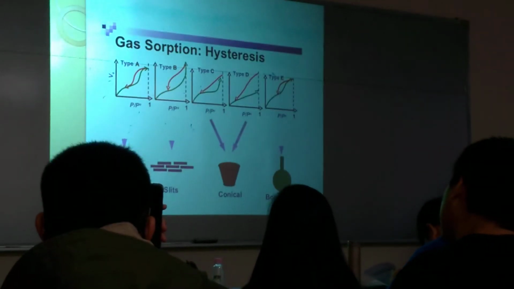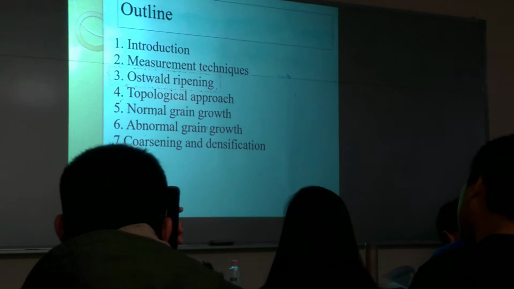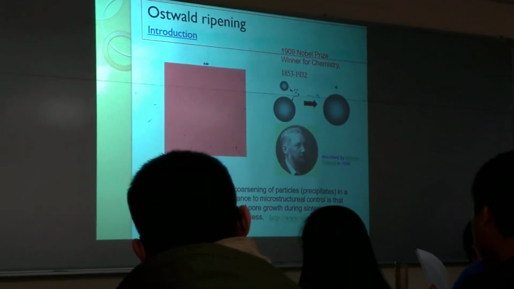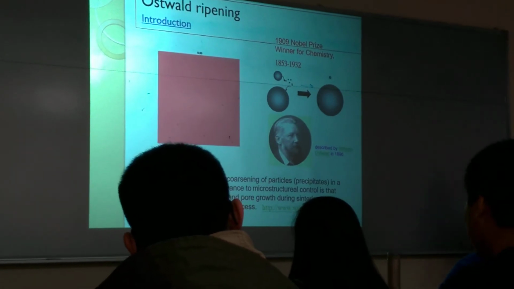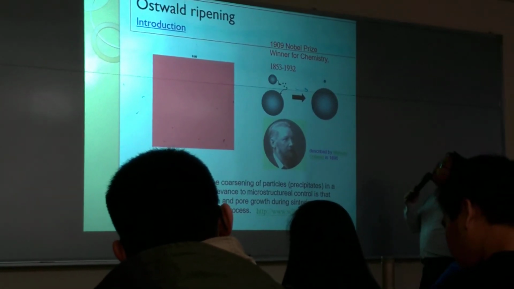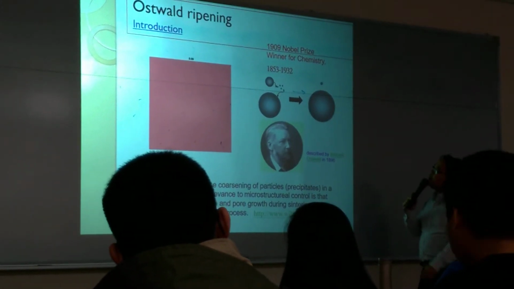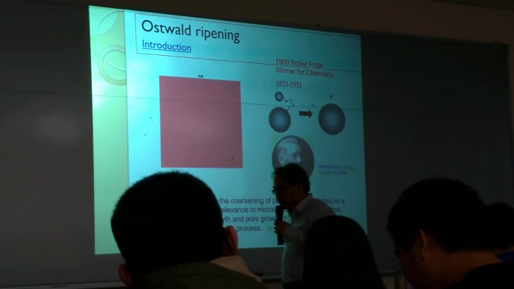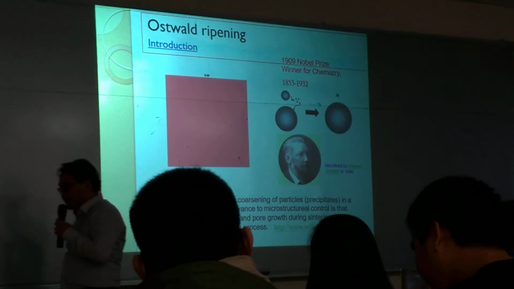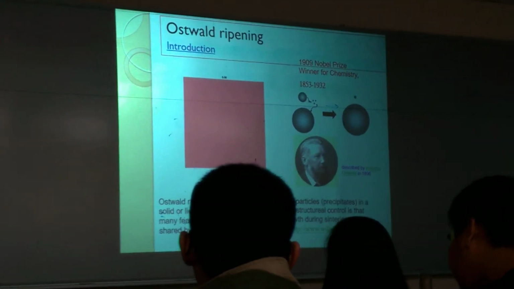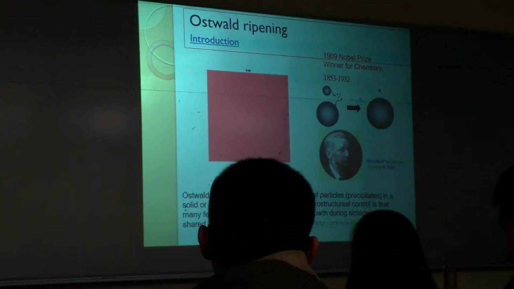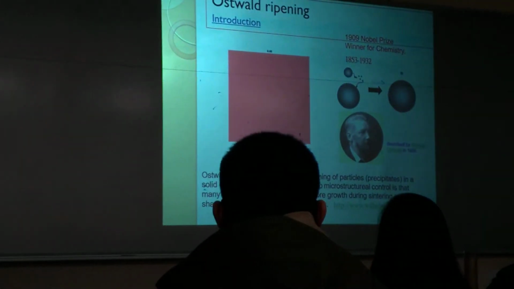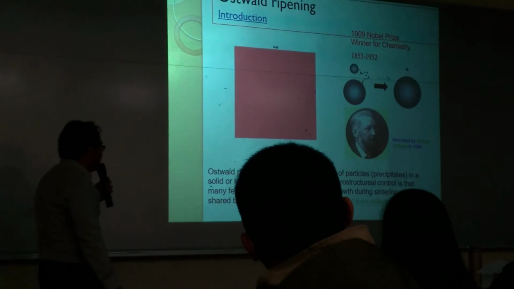Okay, Ostwald ripening is also very important. Please give a proper explanation of Ostwald ripening. Ostwald ripening is a theory to describe the grain evolution. The grain is surrounded by the environment, which can be solid or liquid.